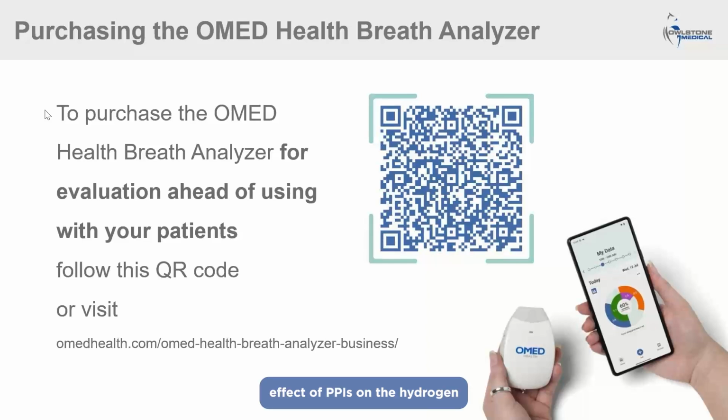What's the effect of PPIs on the hydrogen and methane levels? Yeah, so as described extensively in the literature, the chronic use of PPIs affects the results of hydrogen and methane breath tests, and that has traditionally been the reason why the gold standard for diagnosing SIBO, for example, remains in the literature as small intestinal biopsies.